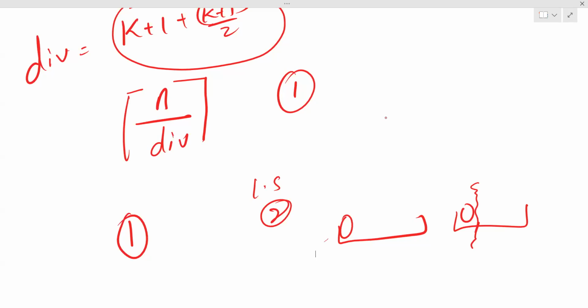k plus 1 is the length of the first block. k plus 1 plus (k plus 1)/2 is the length of the block. So first of all, is it clear why we are taking ceil?